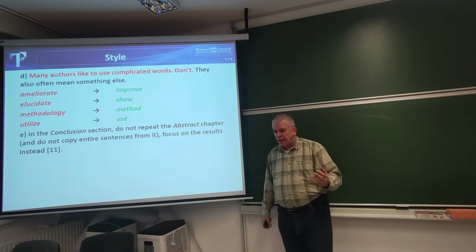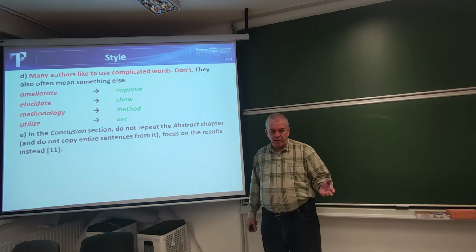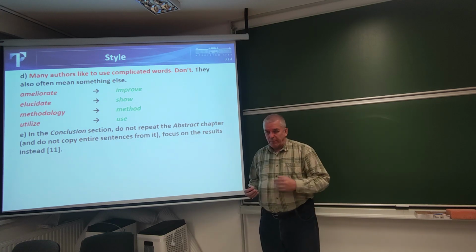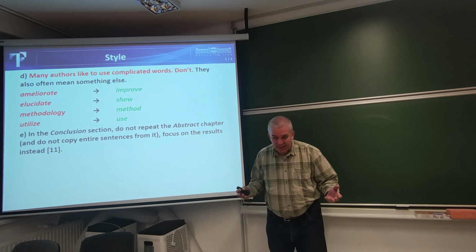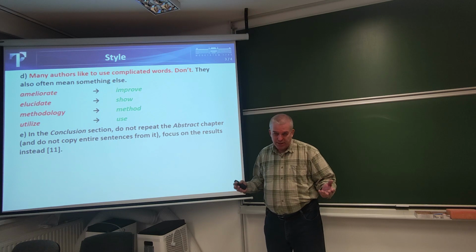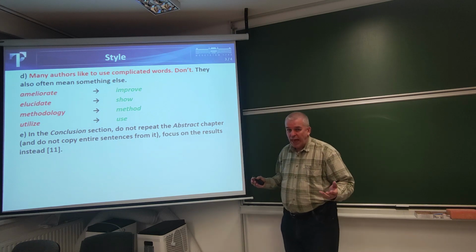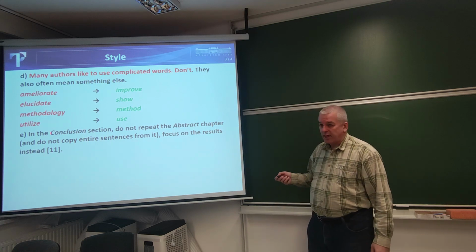Do you think that a professor who has to use a dictionary to read your article will like it? Do you think he will cite it? No. If he doesn't like it, he will probably not cite it. So don't anger the reader with stupid things like this.